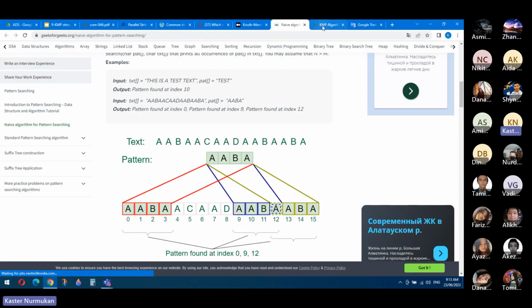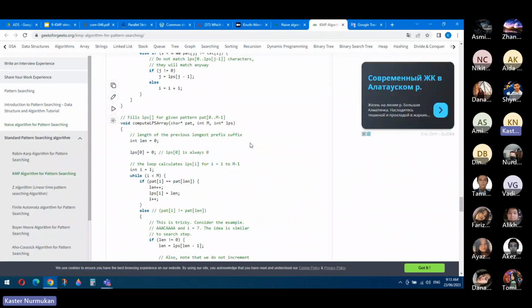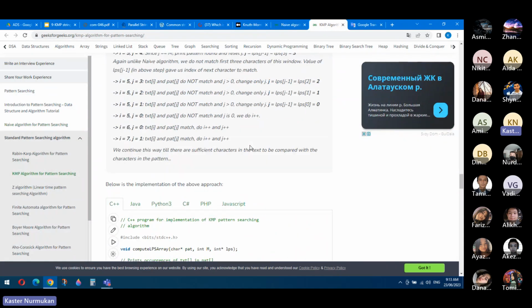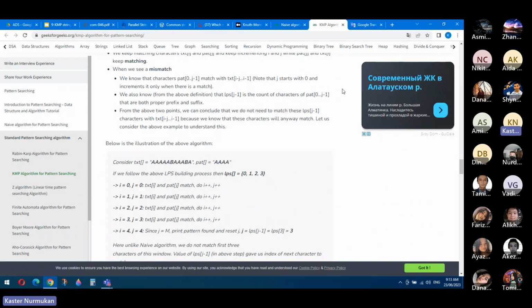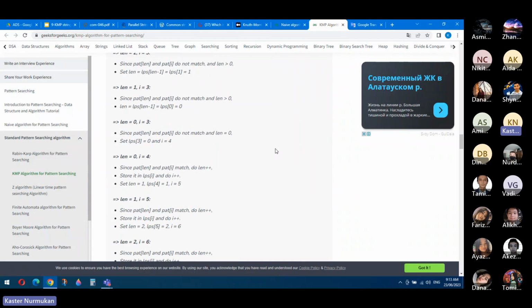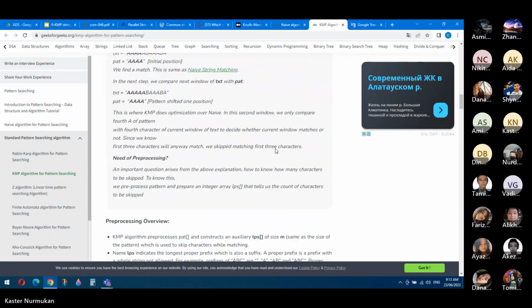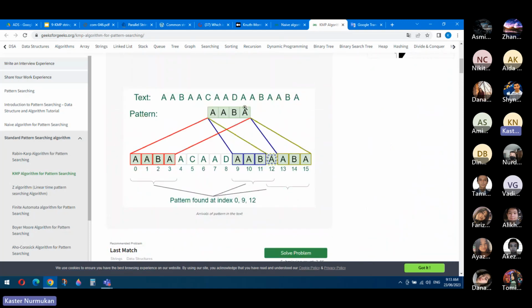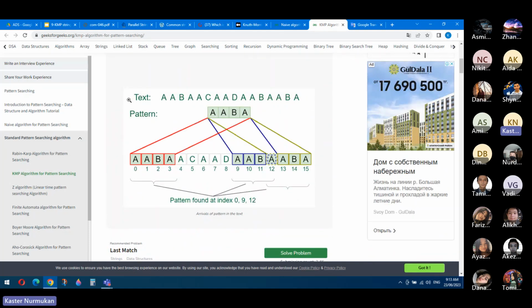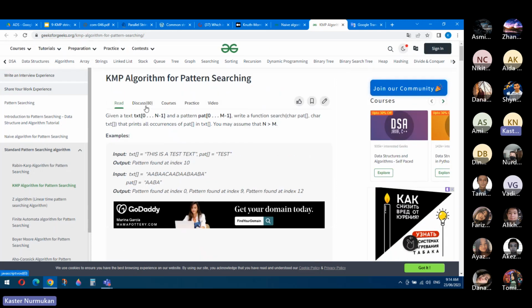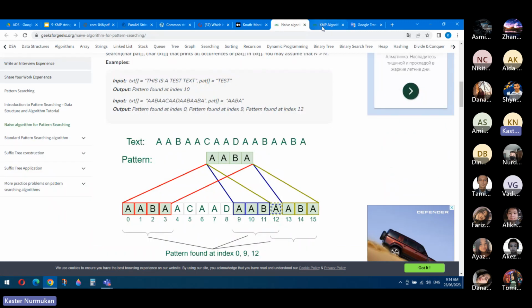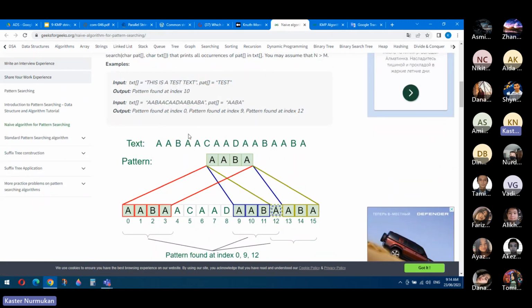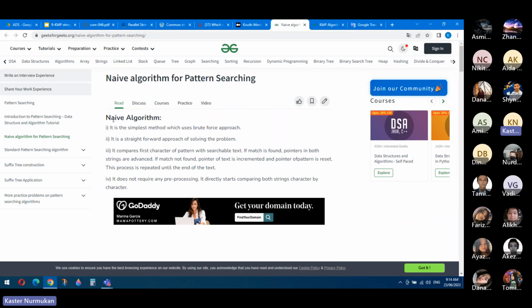Before I explain what KMP is, you probably won't understand much if I directly introduce the algorithm itself. So first of all, I'm going to introduce the naive algorithm, which is the brute force algorithm.